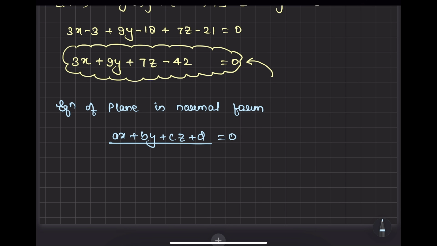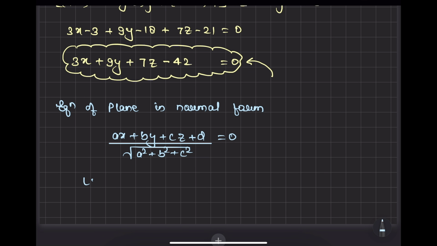You have to divide by root over a square plus b square plus c square, and then you are done. So a by root over a square plus b square plus c square will become what? Do you remember that thing? Direction cosines.